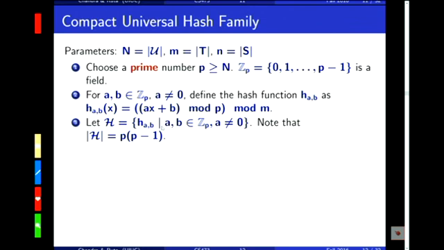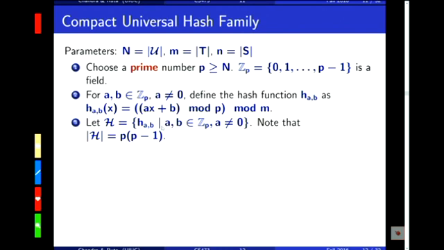Now take any two elements a and b from Z_p such that a is non-zero, and define the hash function h_ab(x) = ((ax + b) mod p) mod m. So first you take the number and do a linear translation, then you do mod p and then mod m.